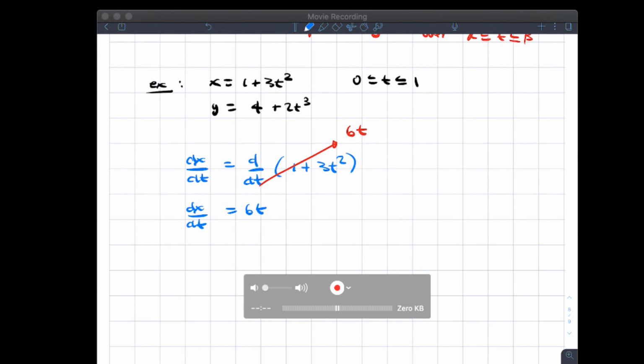We also need dy/dt, which is the derivative of 4 plus 2t cubed, and we get 6t squared here. So dy/dt is 6t squared.